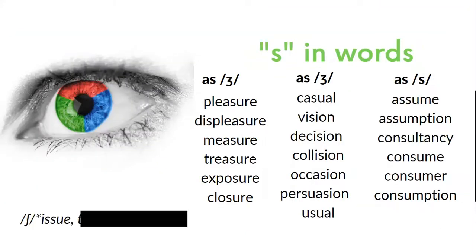Then we get to S in words. That could be a single S, or it could be double. Now, for the first two parts, you have letter S giving the Z sound. As you can see, vision, all right? But here we have pleasure, displeasure, measure, treasure, exposure, closure.